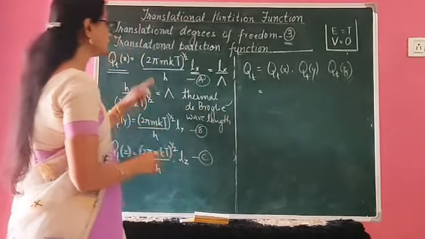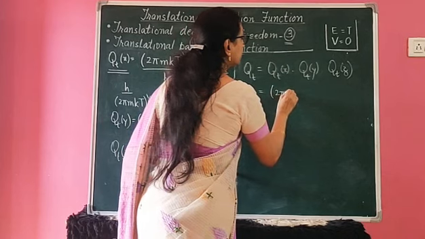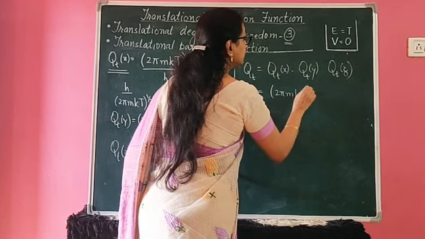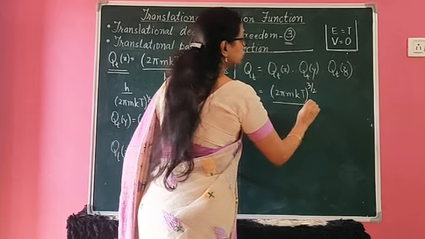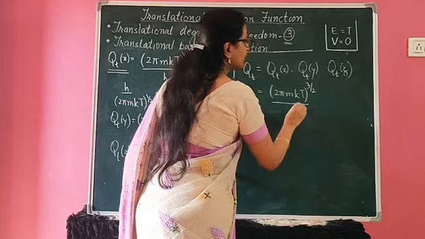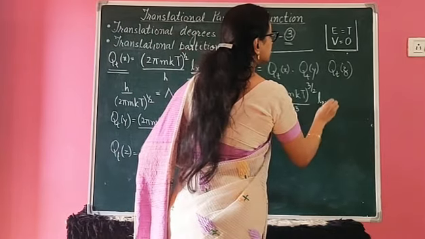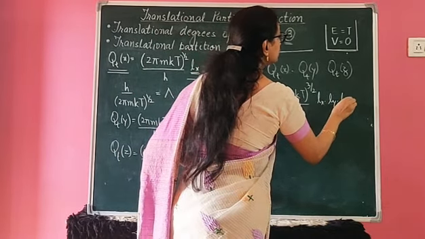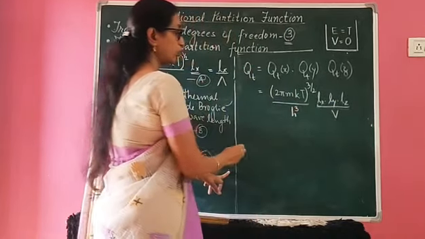On substituting these values, we will have 2 pi mkT to the power 3 by 2 upon h to the power 3, into Lx Ly Lz, and this is nothing but volume.